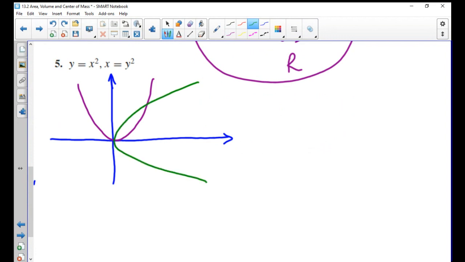Okay, so this time it's this region, yes? Between the two parabolas. So this is x equal y squared, the green one, and then this one is y equal x squared.